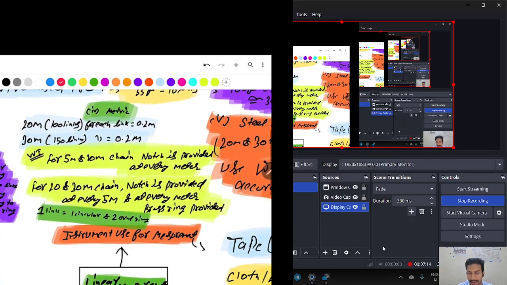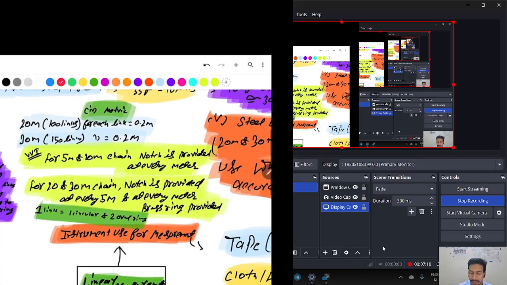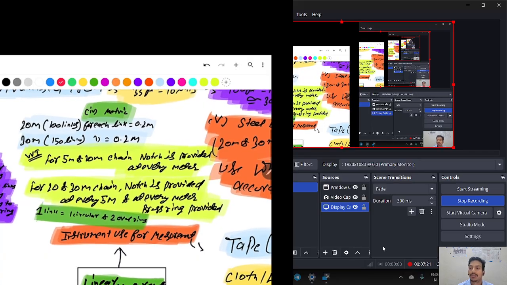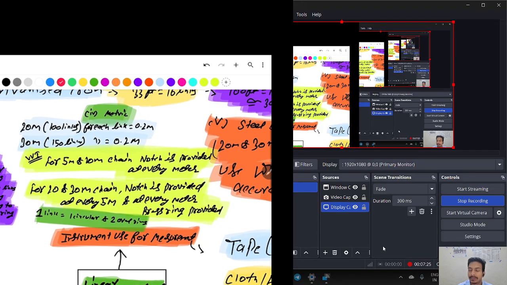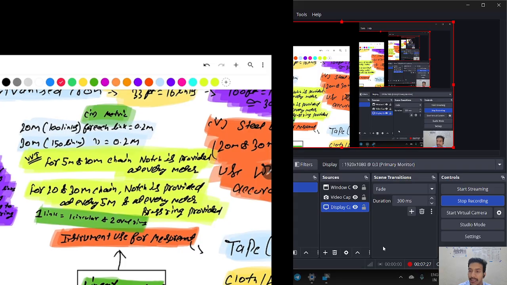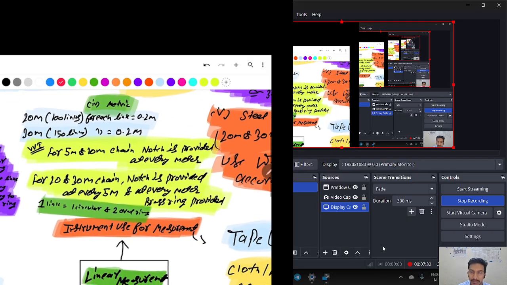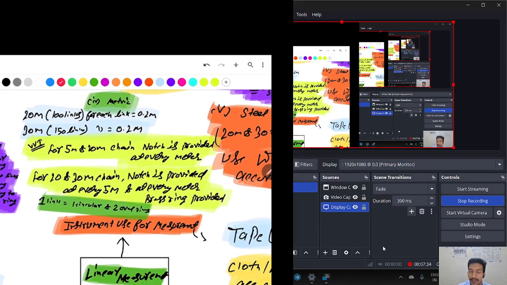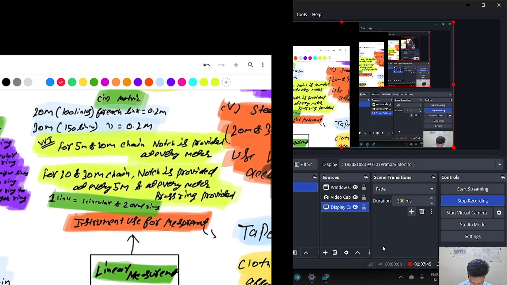What do you understand? In 20 and 30 meter chains, every 5 meter we will provide a notch, and every meter we will provide a brass ring. One link is made of one circular ring plus two oval rings. This is a metric chain.